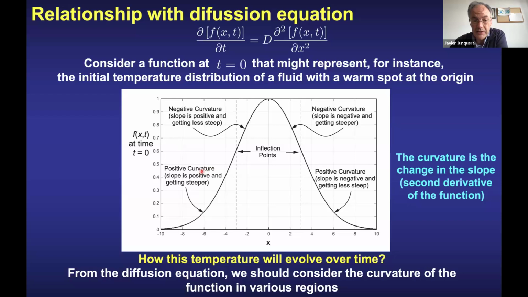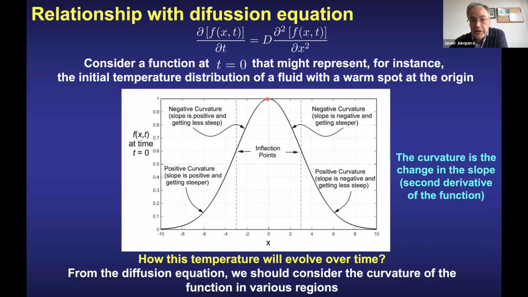That means that we have a positive curvature here. Then we have another region between this line here and the origin, where the slope is positive, but it is decreasing when we move along the x direction. That means that the slope is positive, but the curvature is negative.